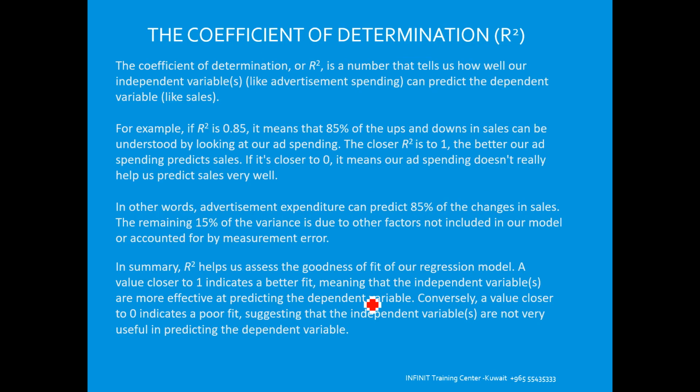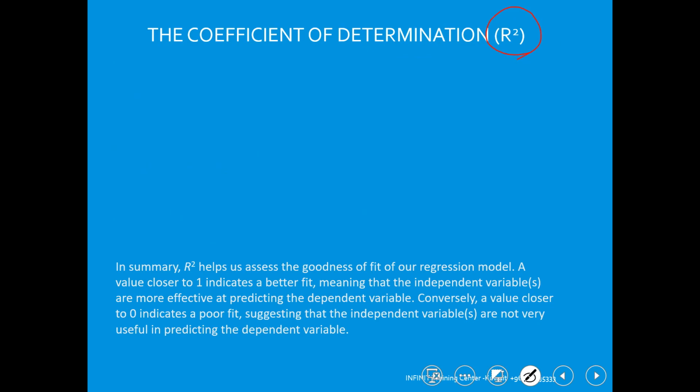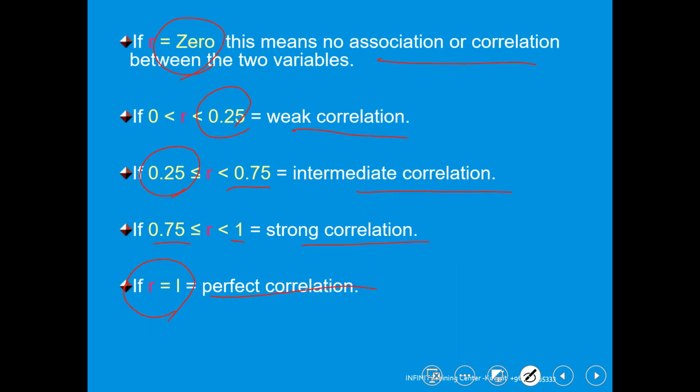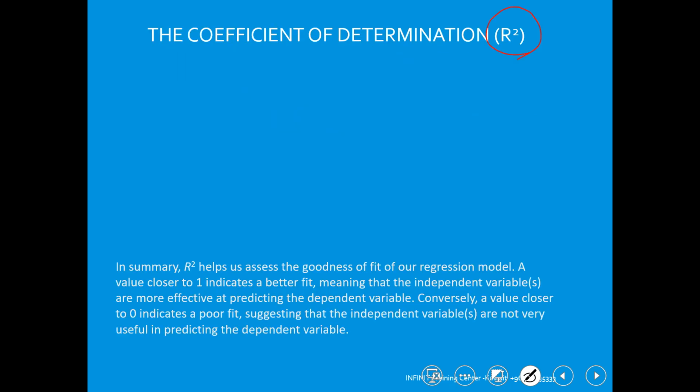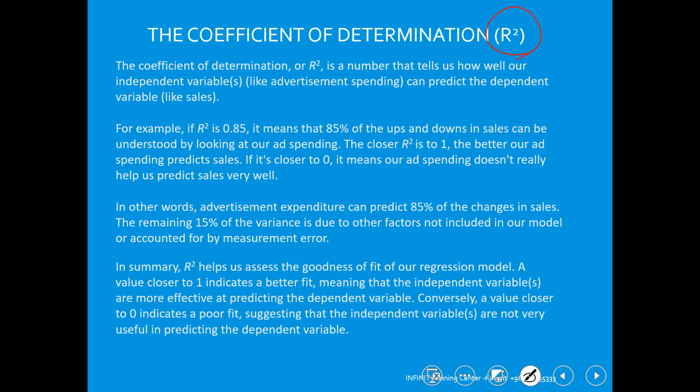And this is discussing the coefficient of determination, or we call it R square. Whatever we calculated here as R, we will just find the square of this. Then we will get something called the coefficient of determination. So what is the coefficient of determination?